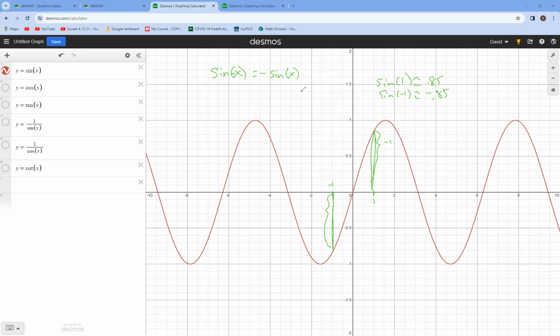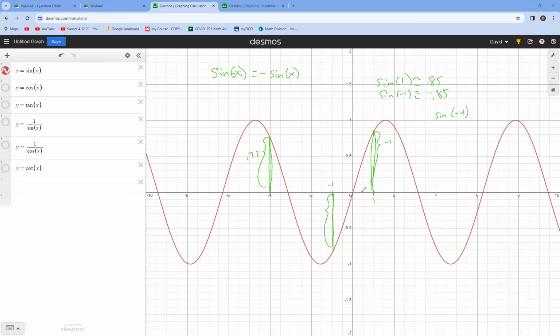And if you look at any value you want, say the sine of negative 4, well, negative 4 is here, and our sine value would be this height, roughly 0.77.